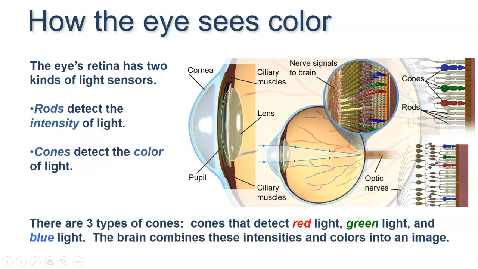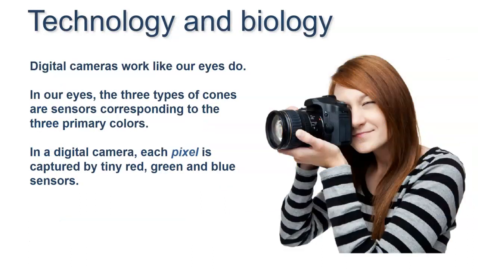One detects red light, one detects green, and one detects blue. Then your brain combines these into an image using color. Digital cameras work just like our eyes. Our eyes have 3 types of cones that are sensors, versus a digital camera, where the pixel can capture red, green, and blue.